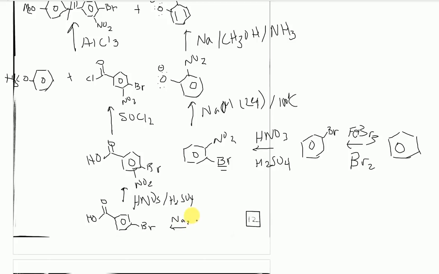So Na2Cr2O7. Okay, we can use that method. I'm forgetting the reagent. I know this one is easy. KMnO4, H2O, OH minus, 100 degrees, and then second step, H plus.